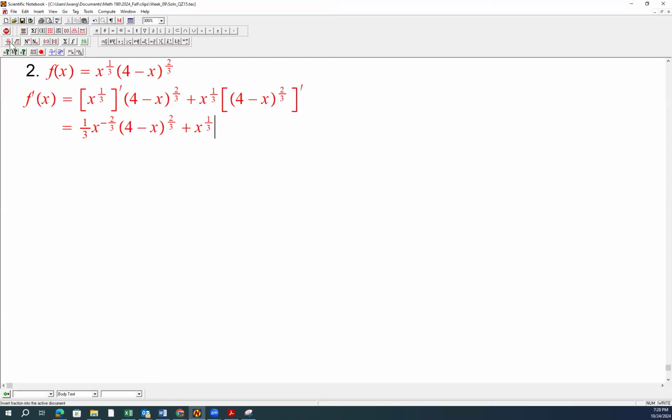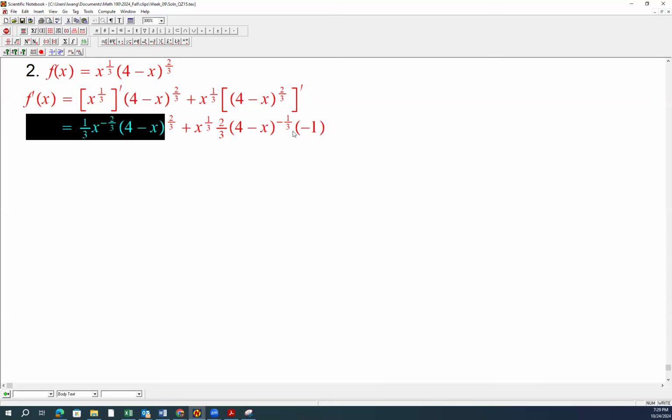So we got 2/3, and then 4 raised to the power of, I'm sorry, 4 minus x. This is going to be using chain rule. So this is -1. So 2/3 minus 1 is going to be negative 1/3. Negative 1/3. And then we have to differentiate the part in the parentheses, which is going to give us -1.